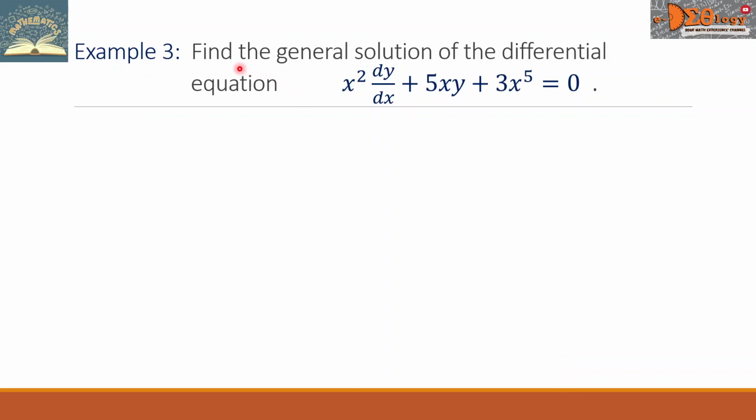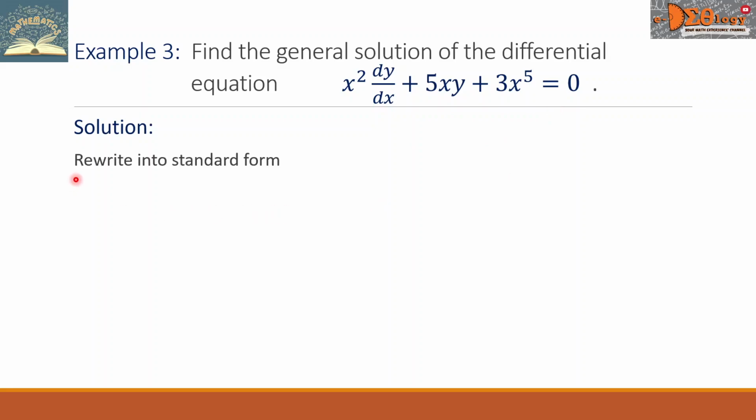Example 3. Find the general solution of the differential equation x squared times dy over dx plus 5xy plus 3x raised to 5 equals 0. In here, we can see that it is not in the general form.